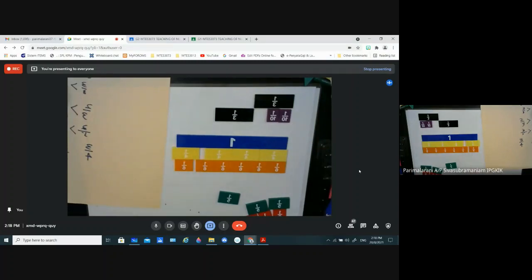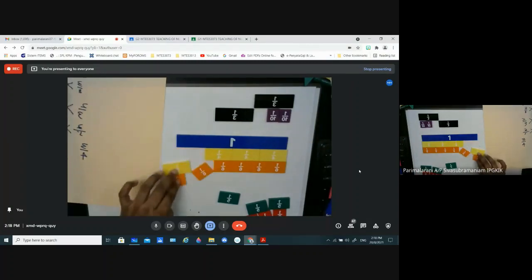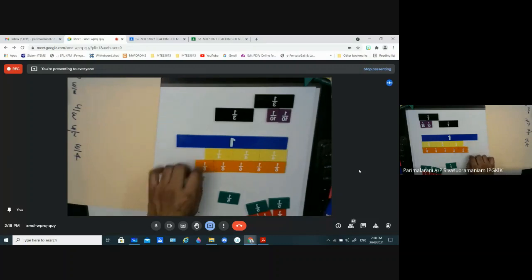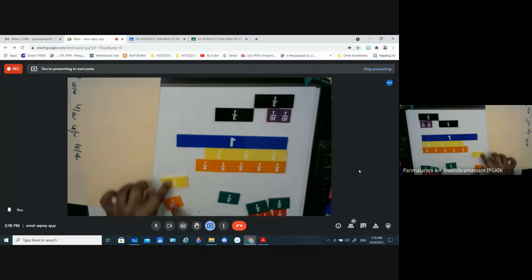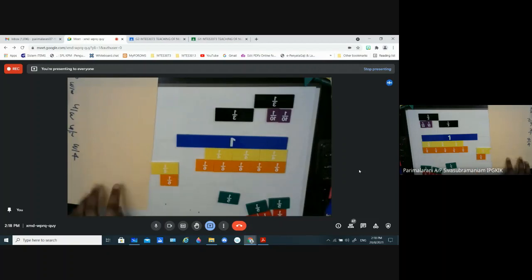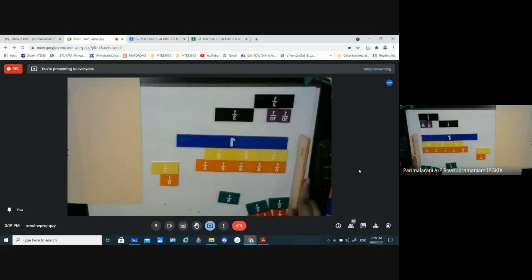But because for 5 over 6 the denominator is greater, the parts are smaller. That means it is a smaller part away from 1 compared to fourths. For fourths, the part that is away from 1 is bigger than the sixth, okay? So for 3/4 and 5/6, 5/6 is bigger, okay?